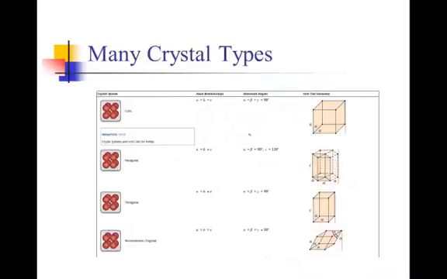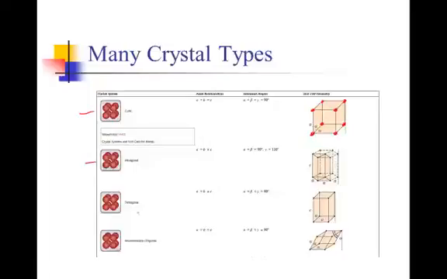Okay, I want to mention to you that there are a lot of different types of crystals that you can have. We have cubic shapes, hexagonal shapes. When I say cubic, what I mean is that if you take a cube and you put one atom on each corner of the cube, that's the arrangement the atoms form in that type of crystal.